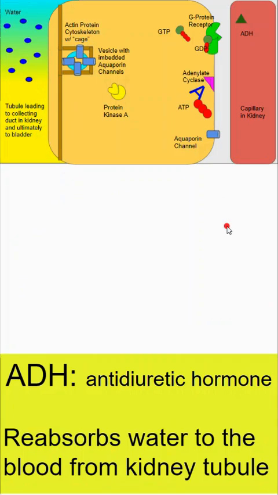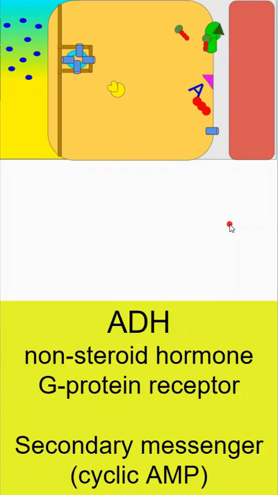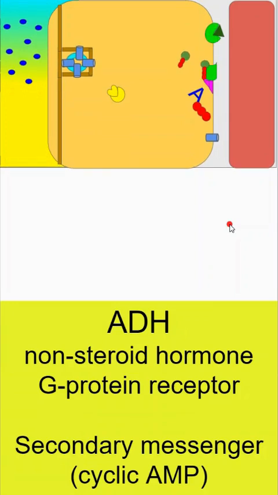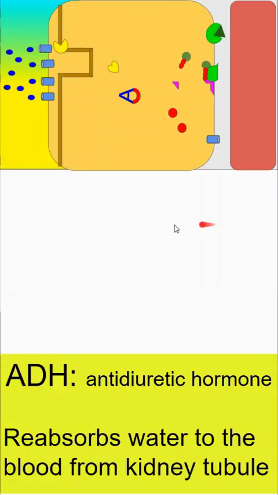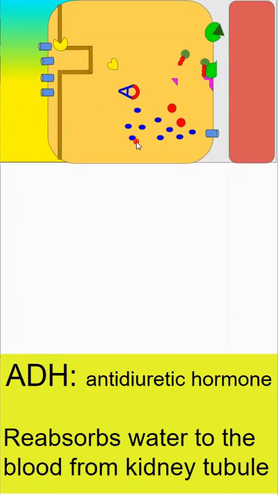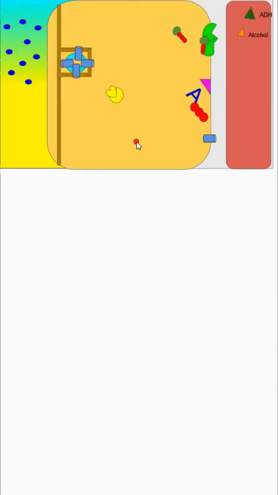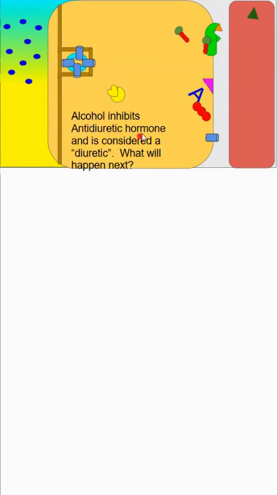So looking at some other examples, we've talked about antidiuretic hormone before. Again, we have this pathway, antidiuretic hormone comes in, you have the signal transduction pathway, and ultimately you reabsorb water from the kidney tubule back into the blood. Alcohol, though, inhibits antidiuretic hormone.